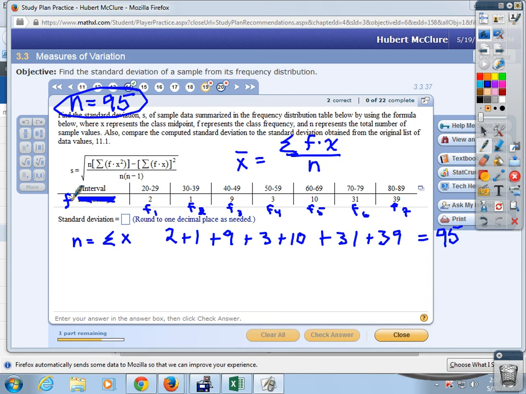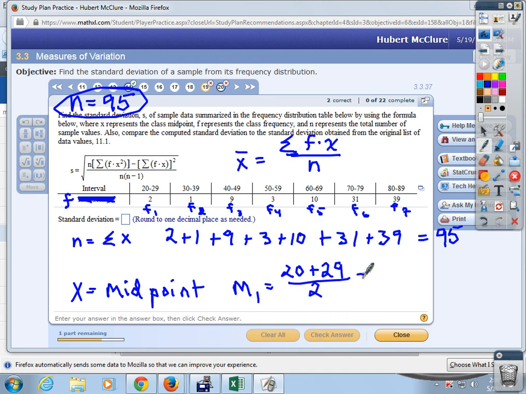But what's X? X is the midpoint. So your first midpoint, M sub 1, is equal to 20 plus 29 divided by 2, which is 49 divided by 2, which is 24.5. Somebody check me. So there's X, we've got F, and we've got N.